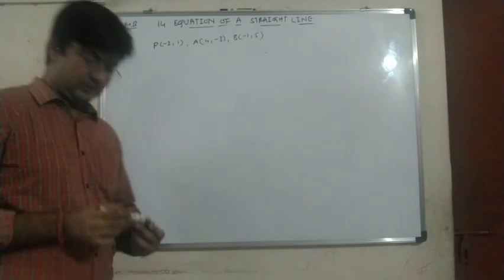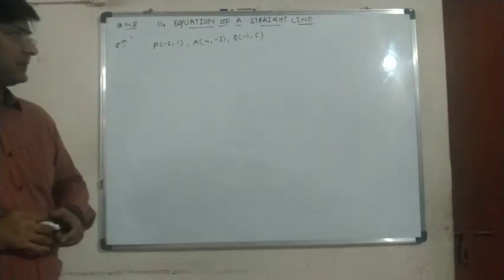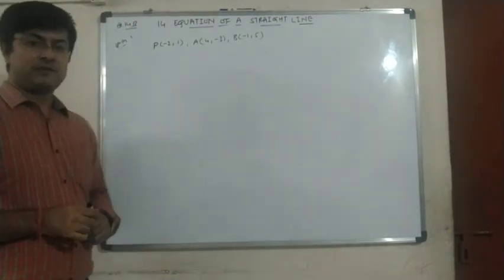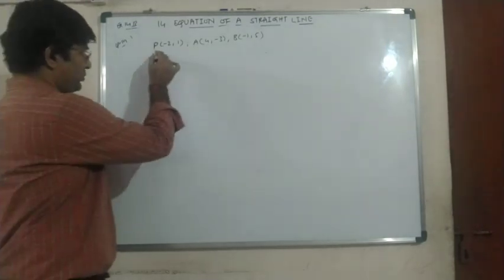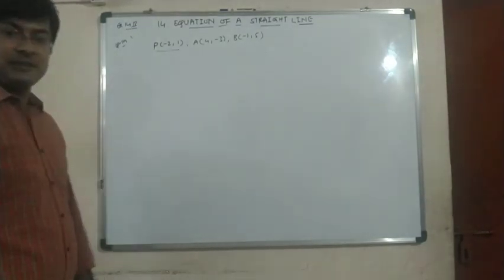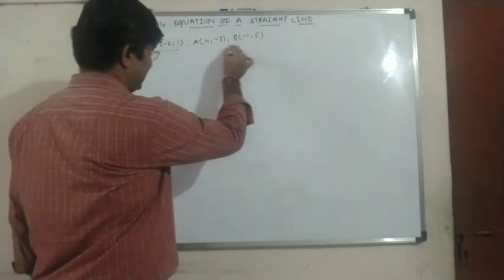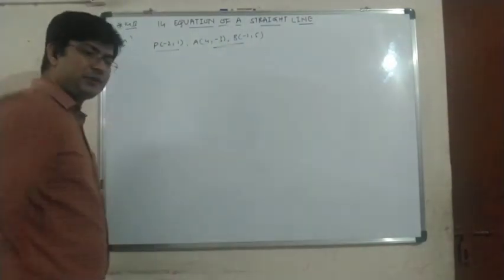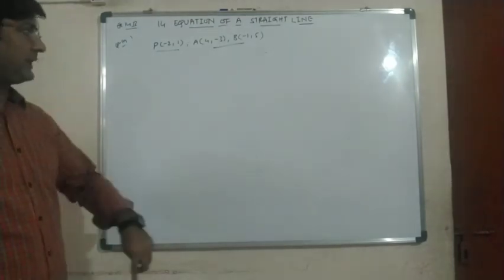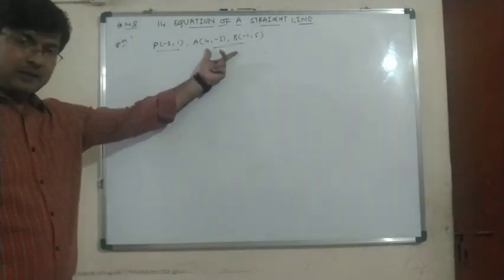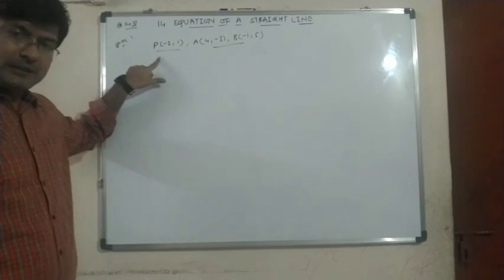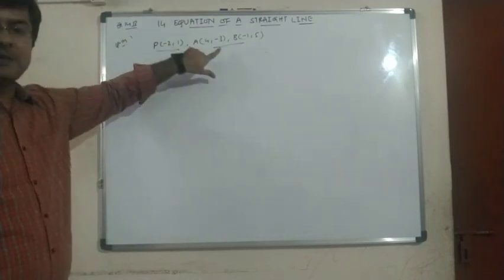This is again a very easy and similar kind of question. The required line is passing through this point, and it is parallel to the line joining AB. So the required line is parallel to line AB and passes through point P.